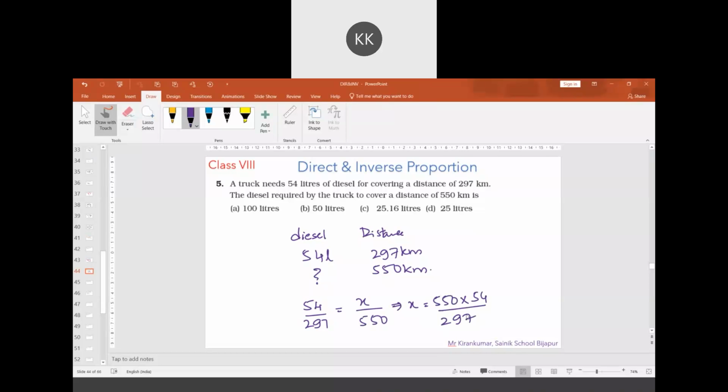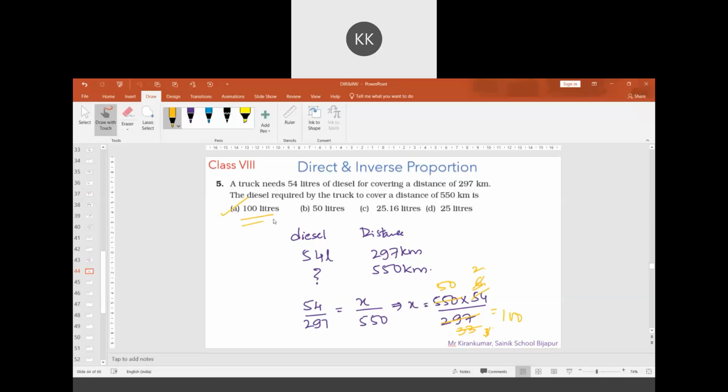297 and 54 are both divisible by 9. 9 sixes are 54, and 9 times 33 is 297. So 550 and 33 are divisible by 11: 11 times 50 is 550, and 11 times 3 is 33. So we get 50 times 2, which is 100.